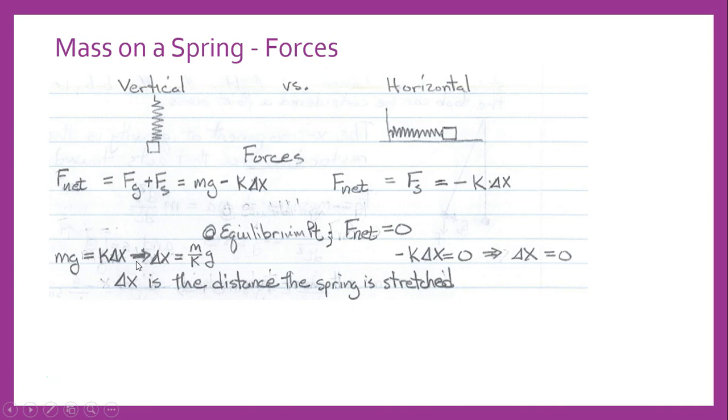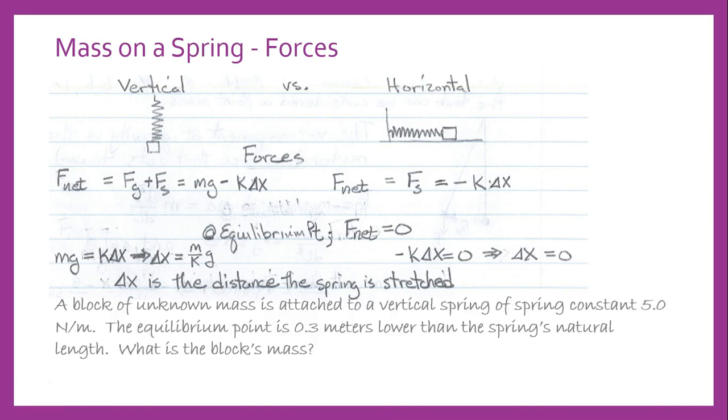However, when we have a vertical spring, the equilibrium point is not the natural length of the spring because we still have the force of gravity pulling down on the mass and stretching the spring. So the equilibrium point will stretch the spring beyond its natural length by this quantity, mass divided by the spring constant times the gravitational field strength.